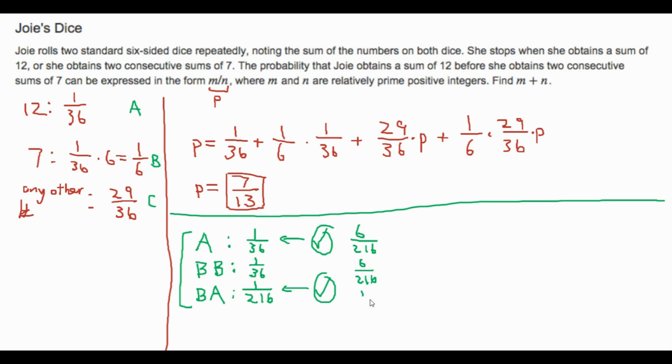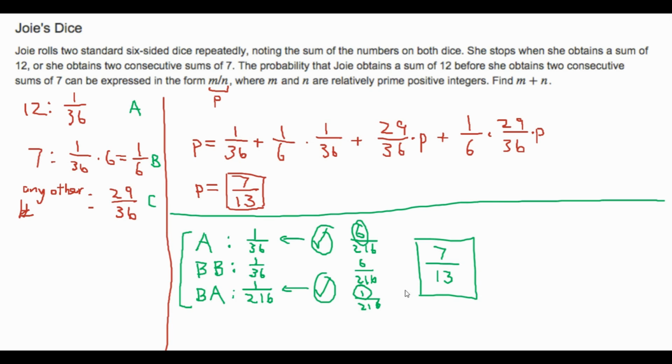And this is 1 over 216. Now, because we're doing conditional probability, the denominator becomes 6 plus 6 plus 1, which is 13. In the numerator, the cases where we get what we want is, of course, 6 plus 1, which is 7. And this is our correct answer.